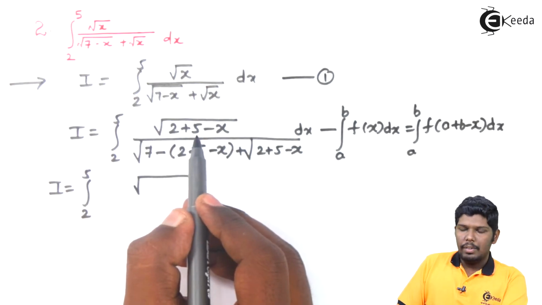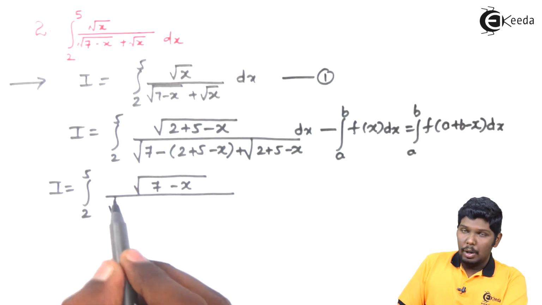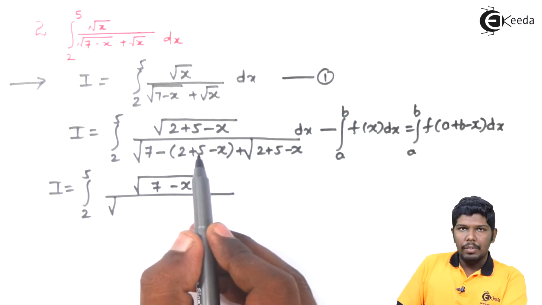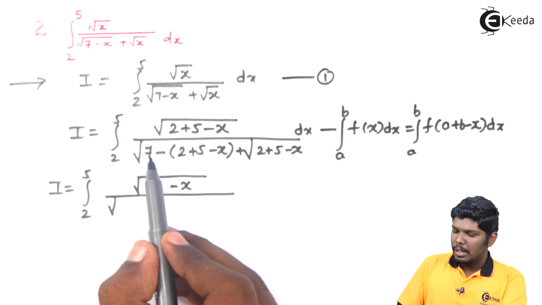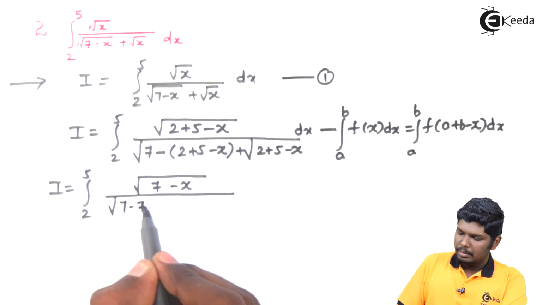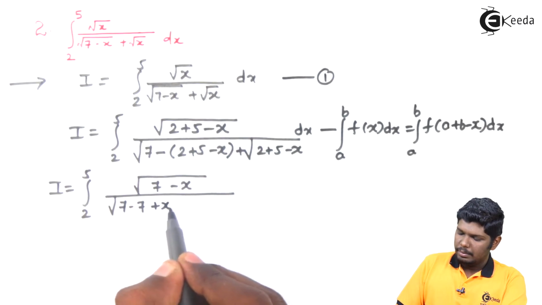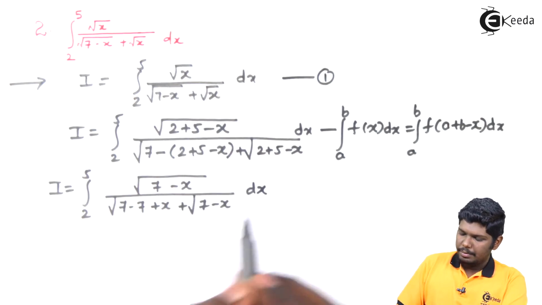We have 2 plus 5 that is 7 minus x upon under root. Here we have 2 plus 5, 7 minus x, and giving minus sign to both the terms, this will give you 7 minus 7 plus x. Plus, further we have 2 plus 5 that is 7 minus x dx.